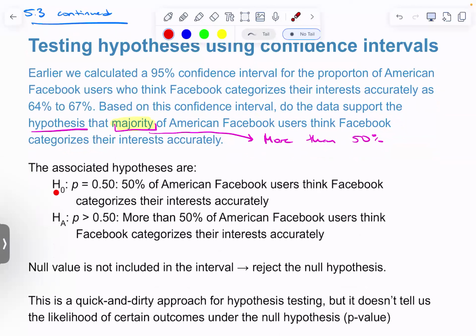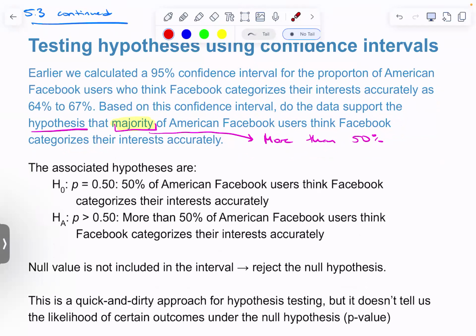So we set up our null hypothesis that p is equal to 0.5, or in words, which you're allowed to do. I always do my hypotheses with the parameter and the number because I'm going to need that number later, but if you prefer to write it out in words, that's totally fine.